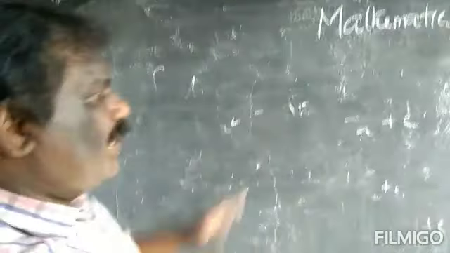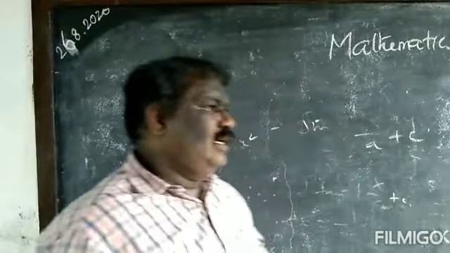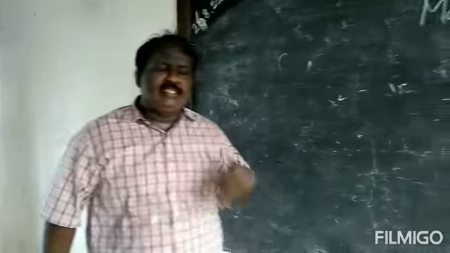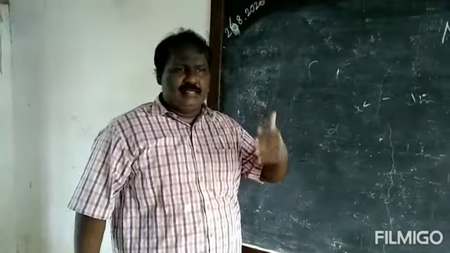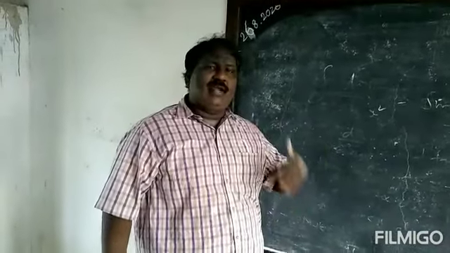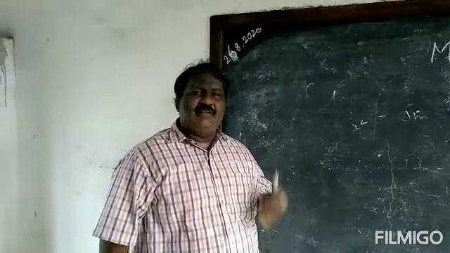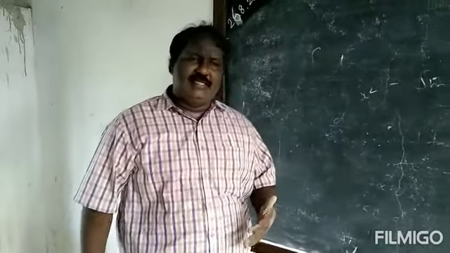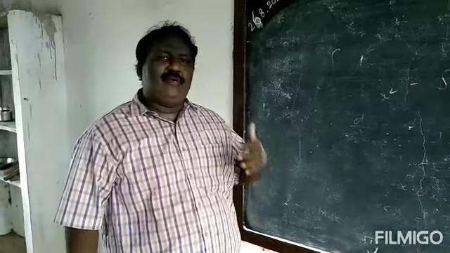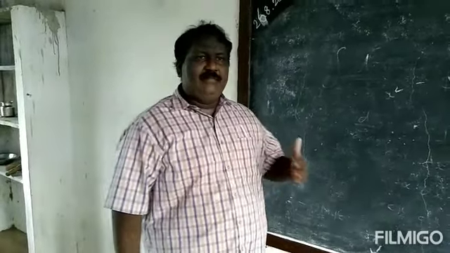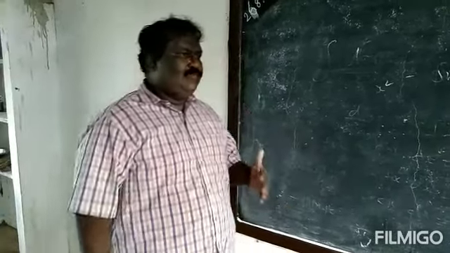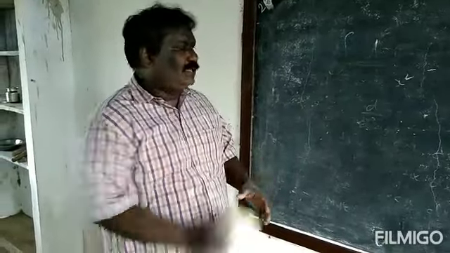As far as the mathematics for economics is concerned, we have to deal with the reciprocal and quotient identities, Pythagorean identities, sum and difference identities as far as trigonometry is concerned. Thereafter half-angle identities and triple angle identities.